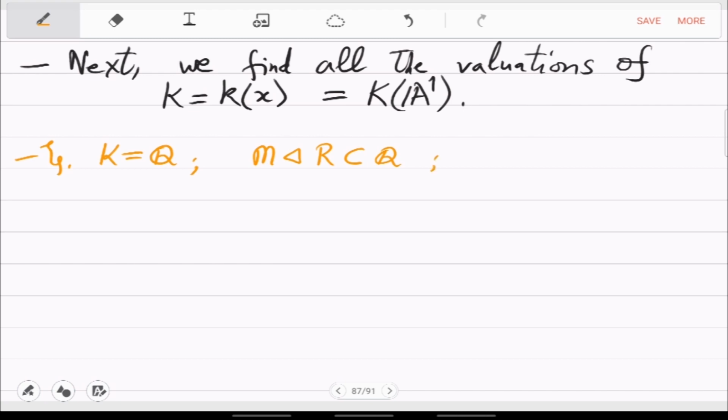So one example is you take a prime and localize integers at the prime. These are not all the fractions, these are those fractions where p doesn't divide the denominator, and this is a DVR.